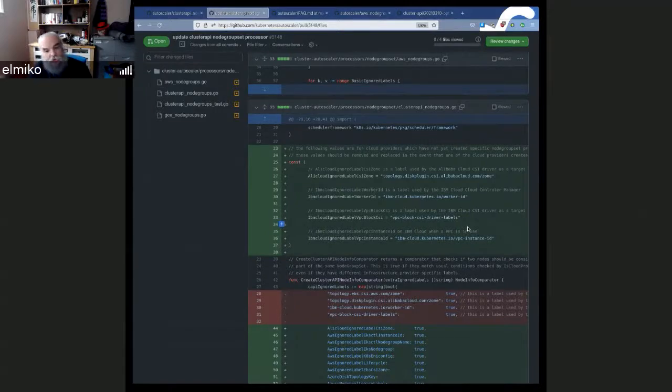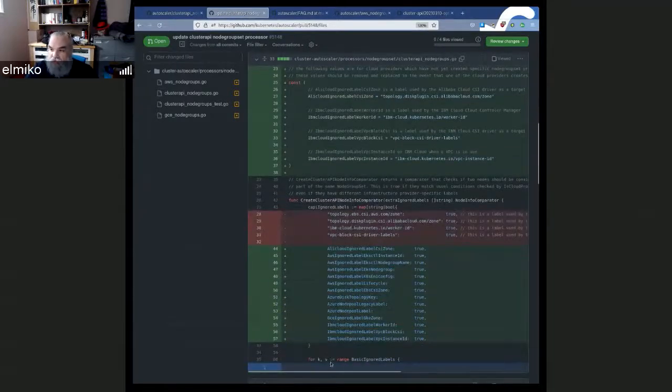In general, the reaction from the autoscaler community has been to ignore these labels for the well-known zone labels and whatnot. So I've been bringing them in to create a list and make sure that when users use the Cluster API provider for Cluster Autoscaler, they have this awesome experience out of the box. But Abhijit, I think your question is absolutely poignant.